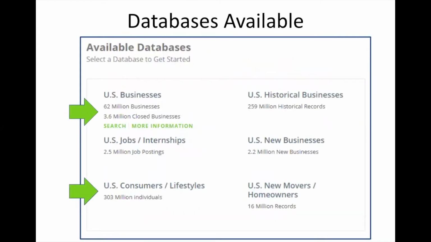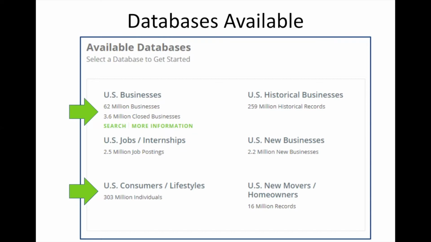As I said, there's quite a bit of different types of information. It's separated into databases within a database, I guess. Today, we're going to look at the US businesses database and also the US consumers and lifestyles. Our library subscribes to 6 different databases.